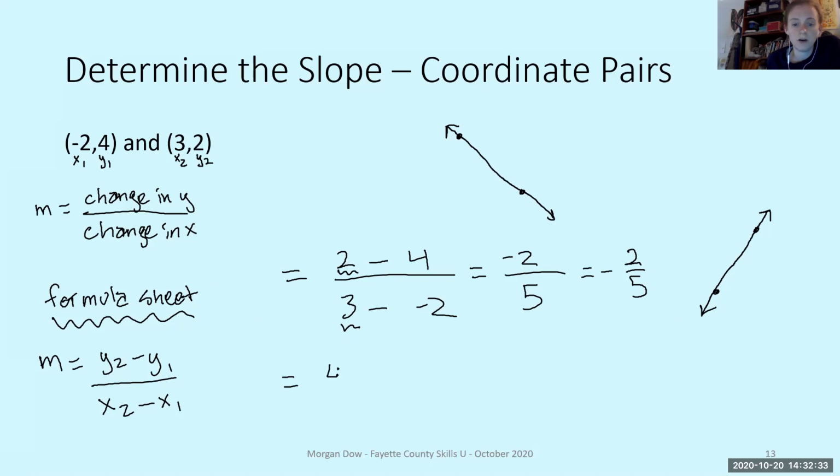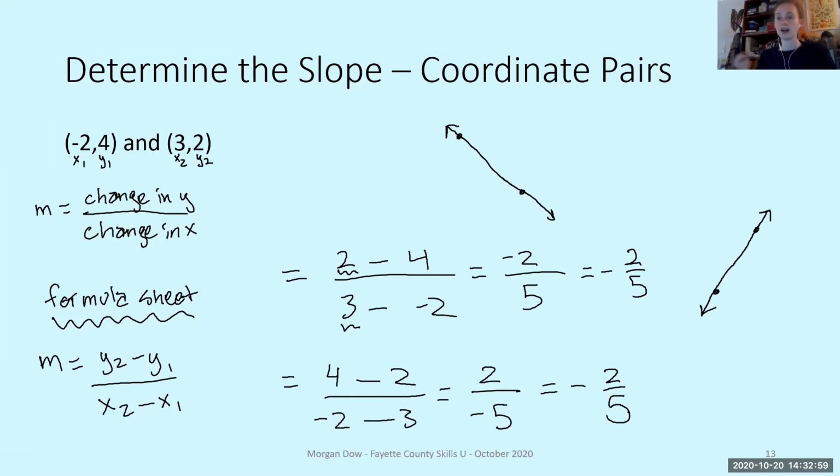So if I did 4 minus 2, and then -2 minus 3. 4 minus 2 is 2. -2 minus 3 is -5. We get 2 over -5, which when we bring that negative sign out front gives us the same slope. So no matter which order you do it in, you arrive at the same answer for the slope.